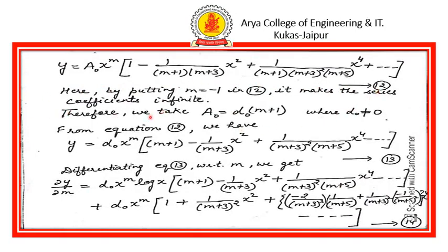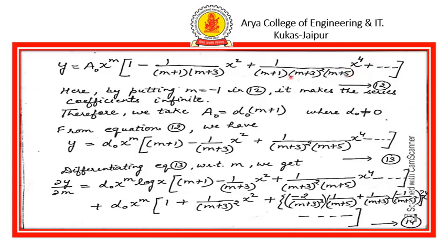Now, we have two values of m, that is 1 and minus 1. And here we see that if we take m equals minus 1, then the coefficients of powers of x are infinite. The coefficient of x square when putting m equals minus 1 is infinite.